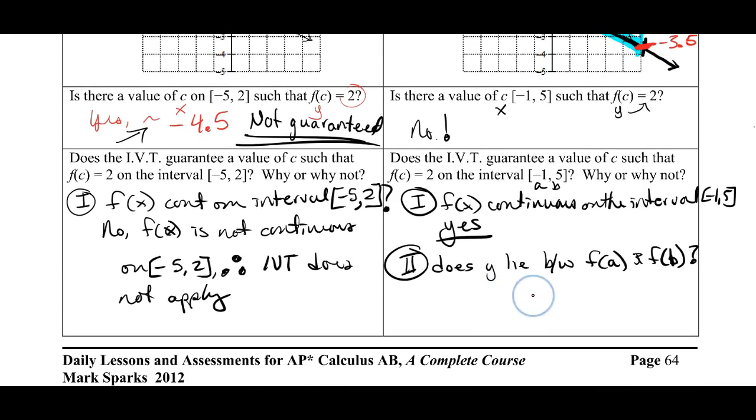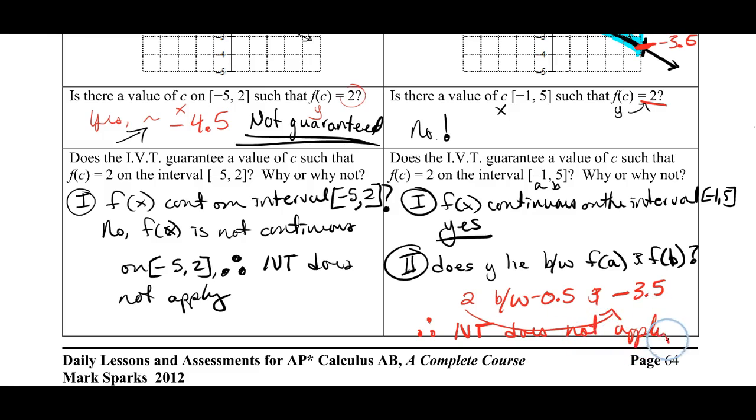So checking this, would I say that 2 is between -0.5 and -3.5? Does that lie between? No. 2 is not between -0.5 and -3.5. Therefore, IVT does not apply, and there is no guarantee.